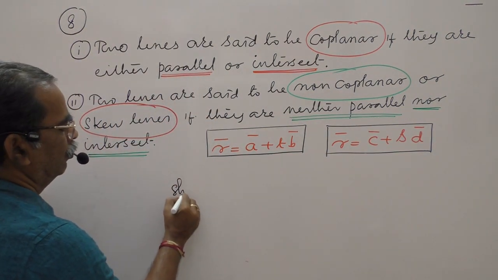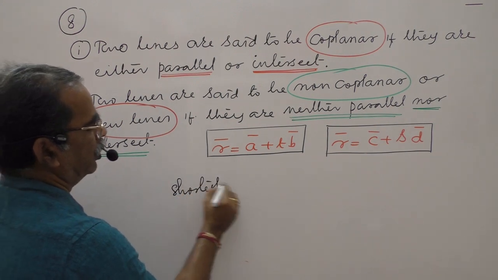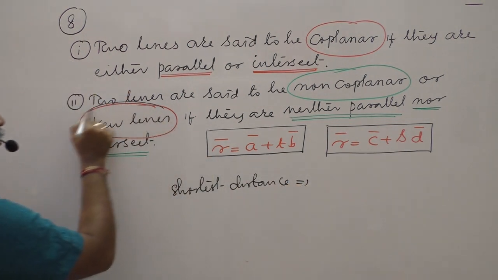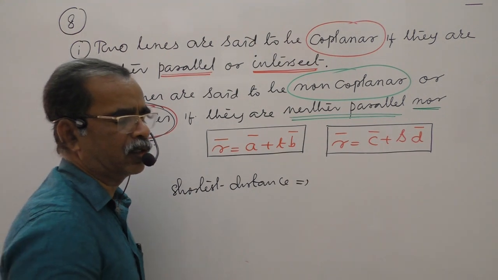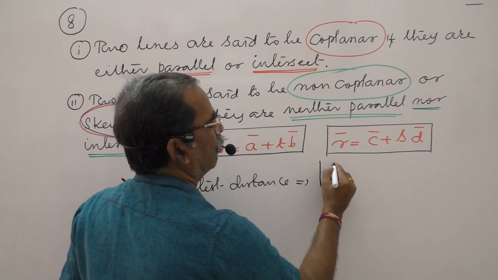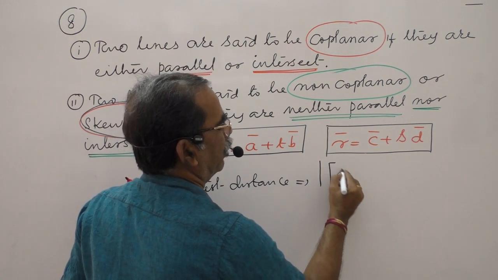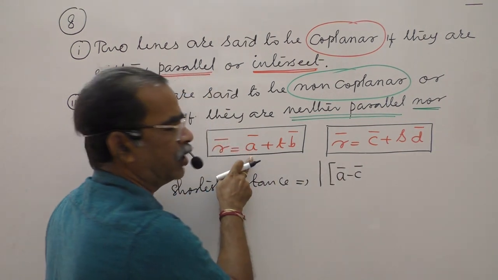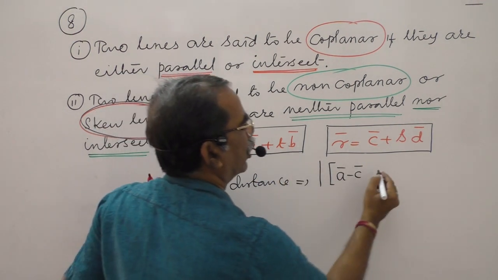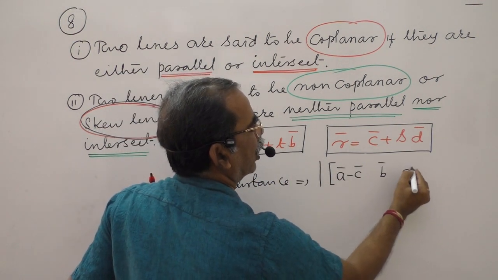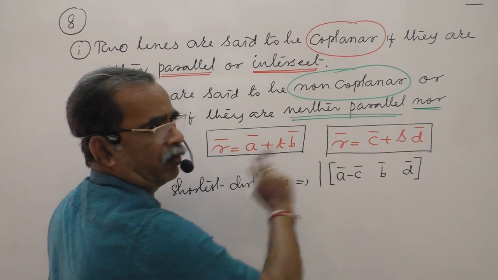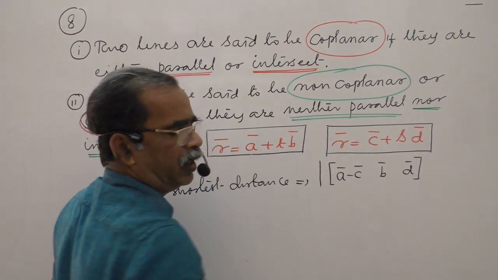Listen. Shortest distance between skew lines. These are two skew lines. Very simple. It is the magnitude of the box product of a bar minus c bar, b bar, d bar. a bar is a point on the first line, c bar is a point on the second line, and b bar and d bar are the parallel vectors of the first and second lines.